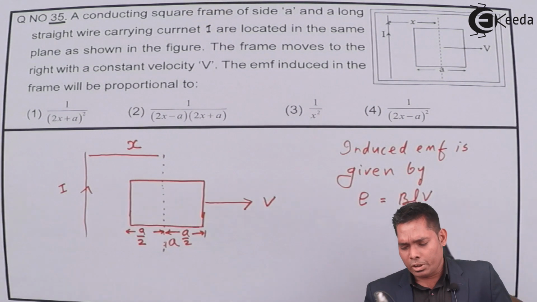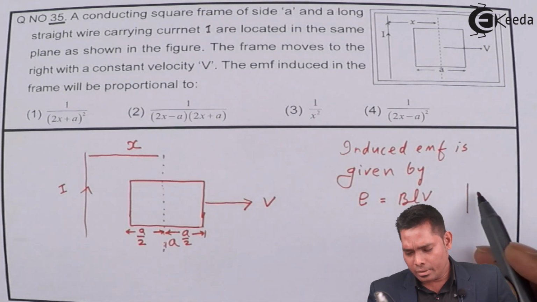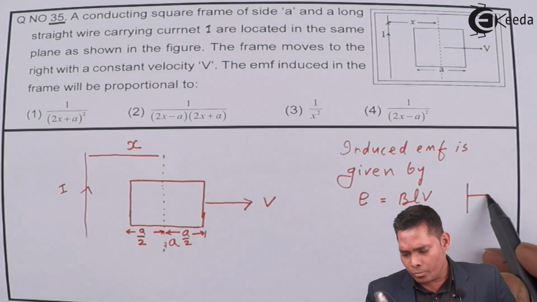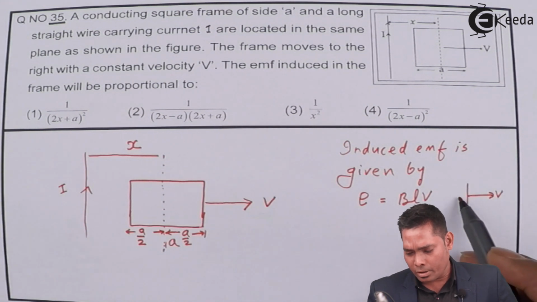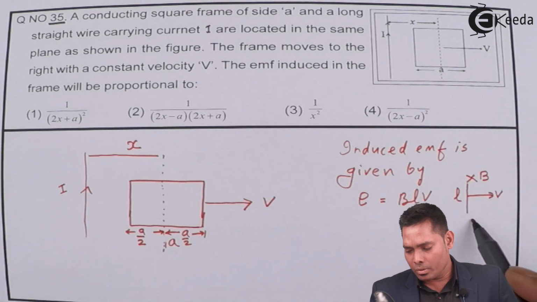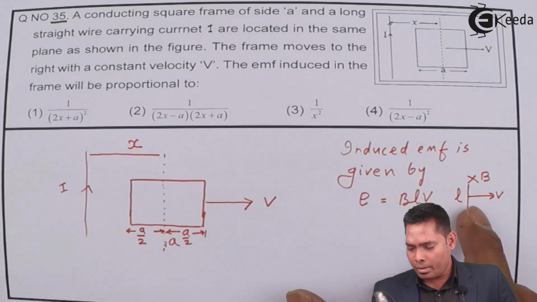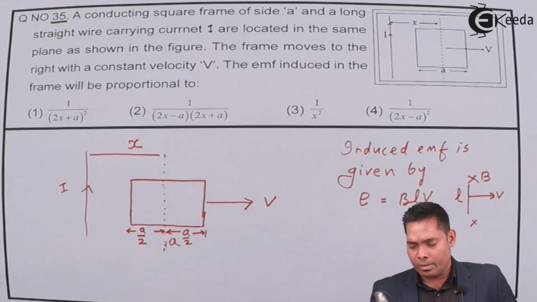This is the induced EMF developed in a conductor of length L moving in a magnetic field of say B, BLV.